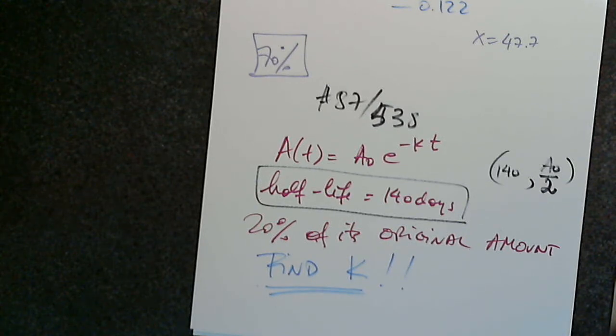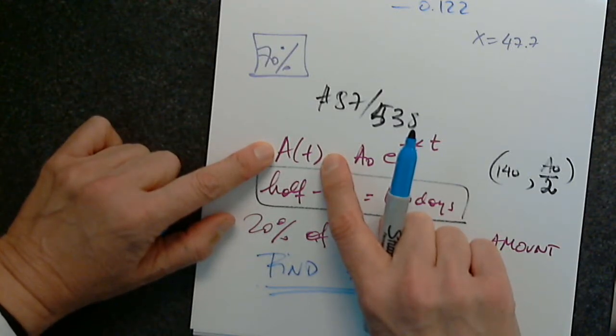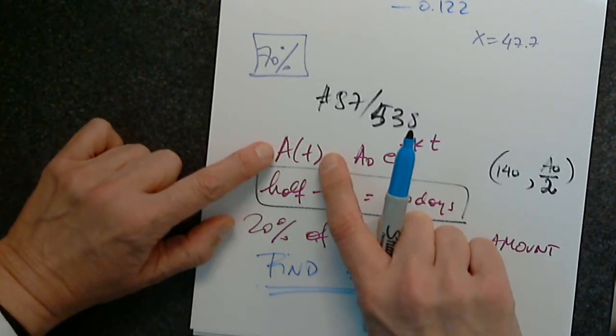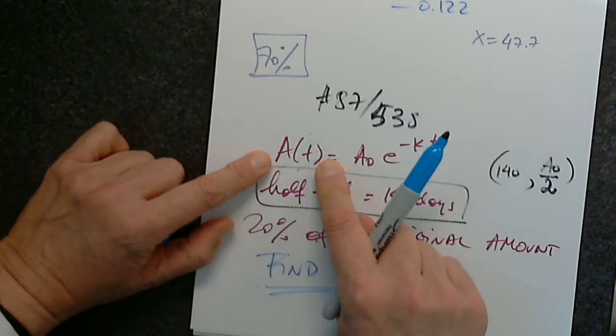How do I plug this point in the equation? Tell me what to write on the left, tell me what to write on the right. What do I replace this by? That's not the time. This is the amount. This is the mass. I cannot put the time here. This is the amount. What is it?